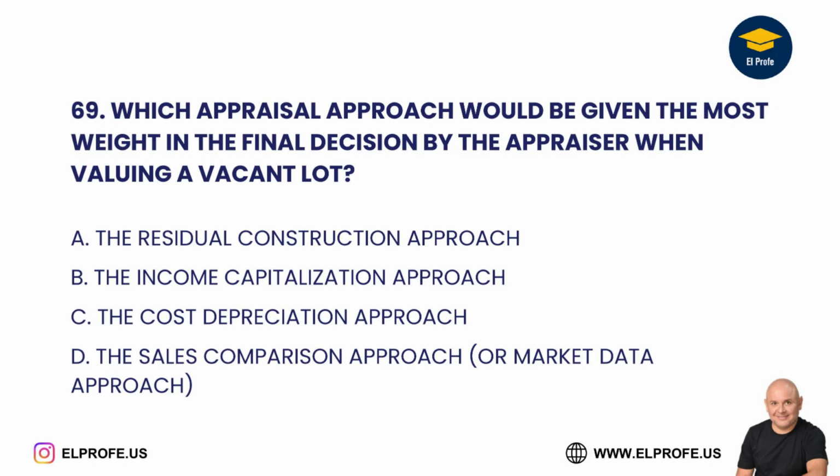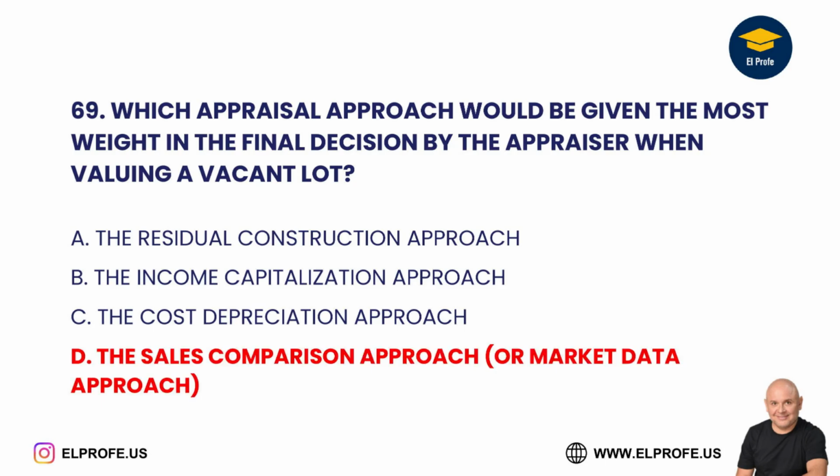Chapter 16 covers 8 points on the exam. Question 69. Which appraisal approach would be given the most weight in the final decision by the appraiser when valuing a vacant lot? Anything that is vacant land is always valued using the sales comparison approach, or market data approach.